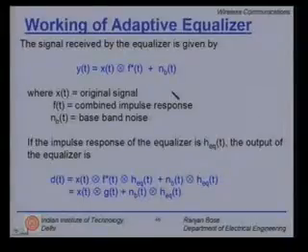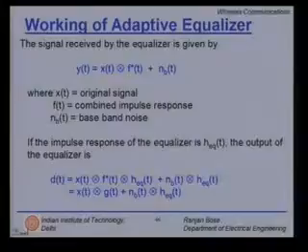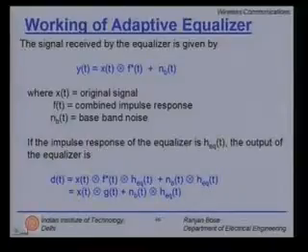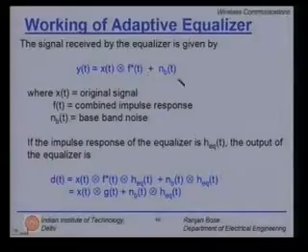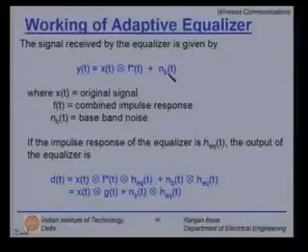Now, last time we also saw the simple working of an adaptive equalizer. Why adaptive? Because the channel is changing with time, and so the weights must be updated periodically. So the received signal y(t) is the convolution of x(t) and the composite impulse response f*(t), plus added with the baseband noise n_b.